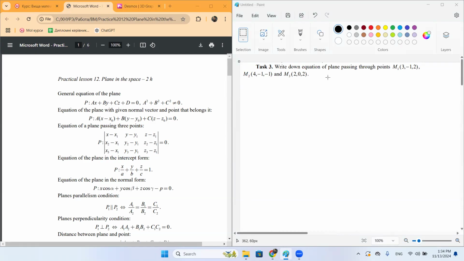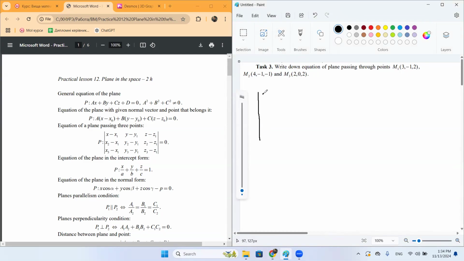We need to use the equation of a plane passing through 3 points, because we have everything for it. Of course, we can do the same as before, find vectors m1m2 and m1m3, then find the normal vector, but it will be easier for us to use this form.